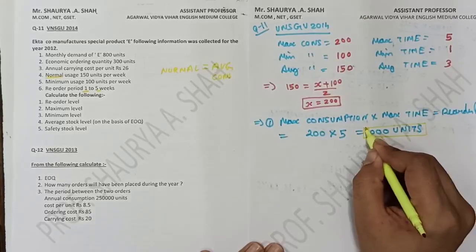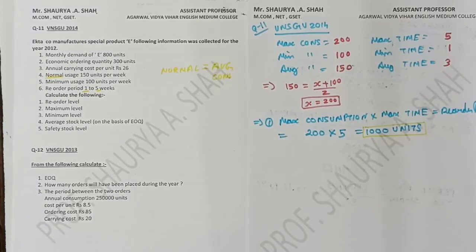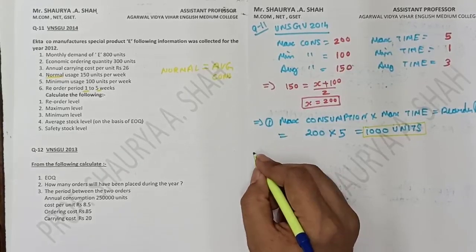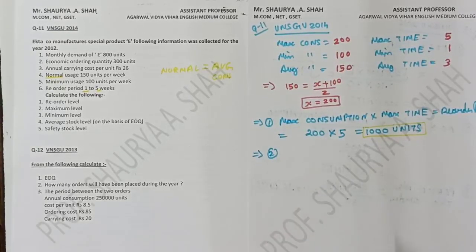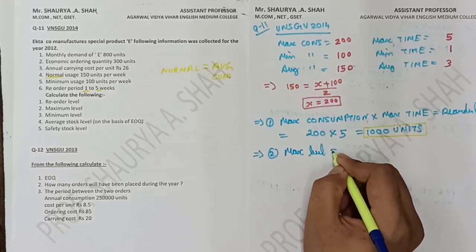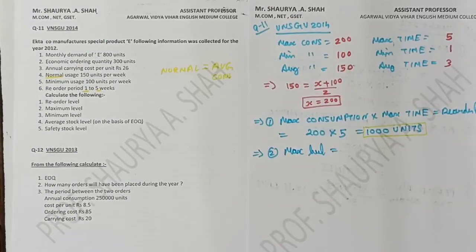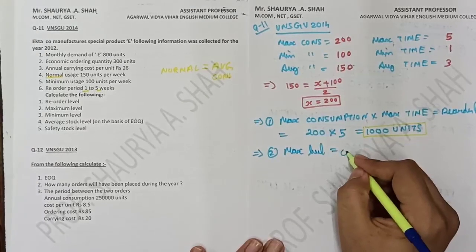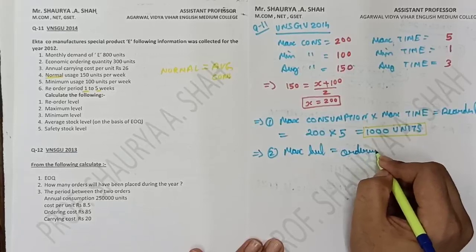I hope this is the 4th type of sum which we are doing of the same pattern, so you all must be clear with this part. Moving on to the second thing. Second is your maximum level. Students, what is the formula of maximum level? That is ordering level. I told you yesterday also.